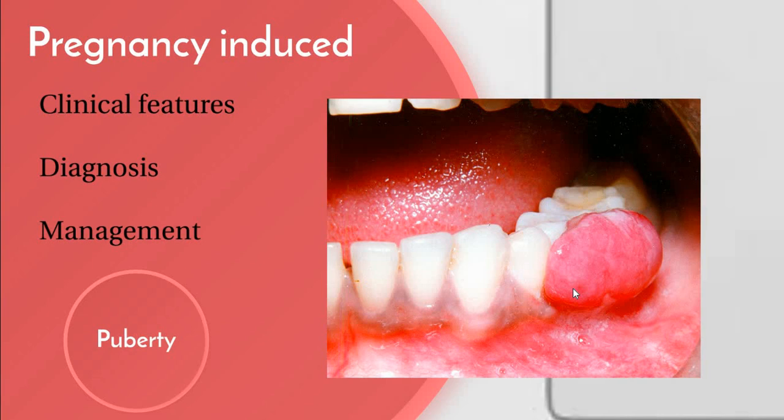When we have a marginal enlargement, it tends to be more prominent interproximally than on facial and lingual surfaces. The enlarged gingiva is bright red or magenta, soft and friable, and has a smooth, shiny surface. Bleeding occurs spontaneously or on slight provocation.